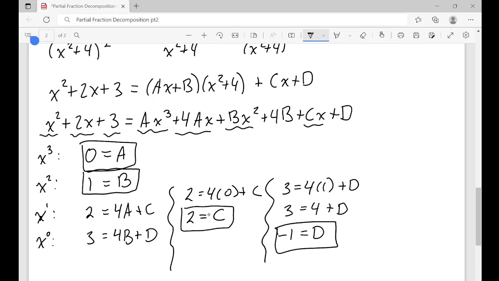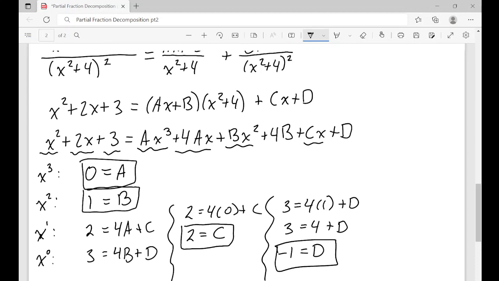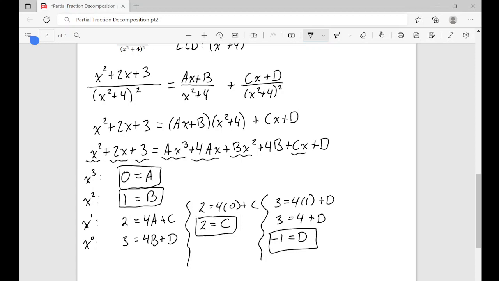So now I have a, b, c, and d: 0, 1, 2, and negative 1. So now I'm going to go back up to this one right up here, and I'm just going to replace a, b, c, and d.